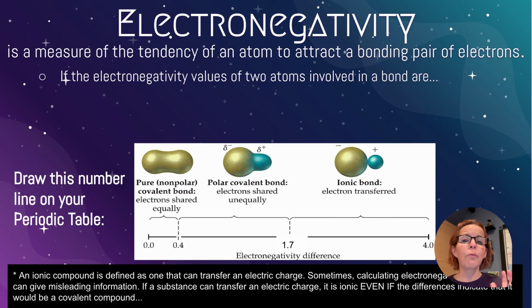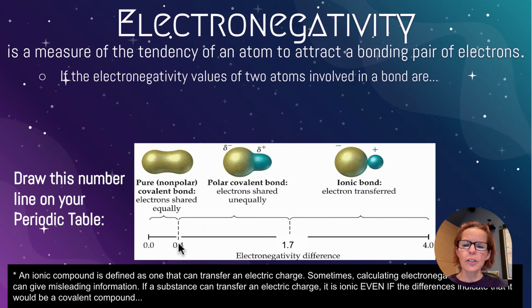Okay, now that you have the number line drawn, I want you to label. Between 0 and 0.4, I want you to write nonpolar covalent, and that the electrons, I always abbreviate electrons as e negative, the electrons are shared equally. So nonpolar covalent, electrons shared equally.